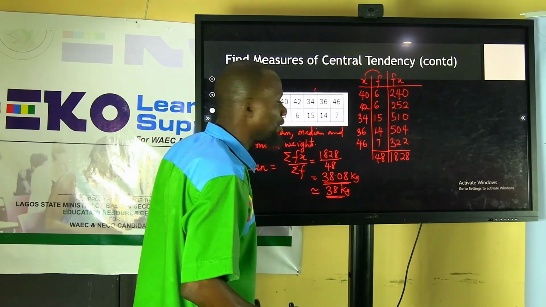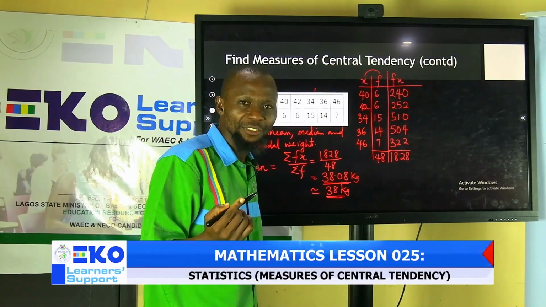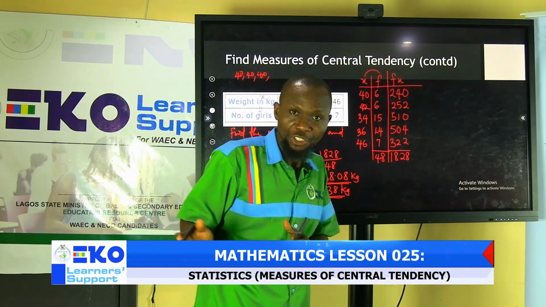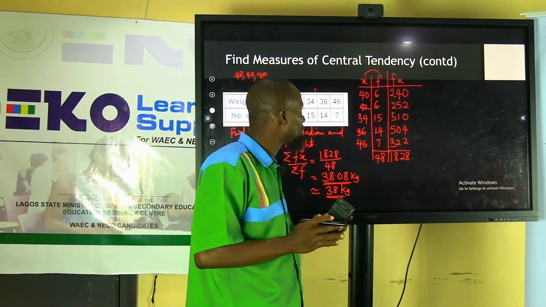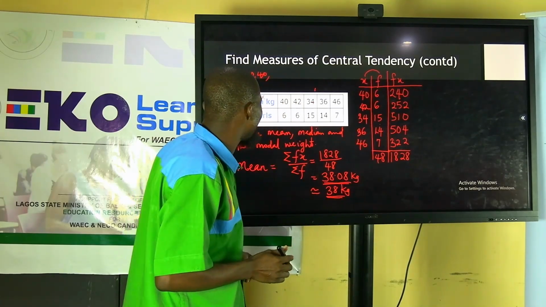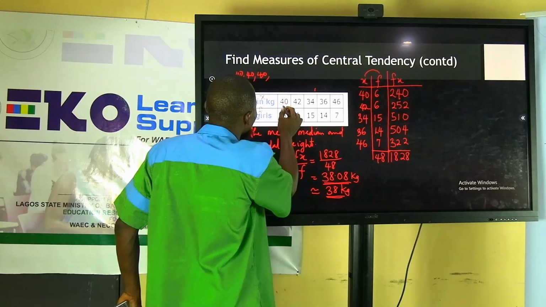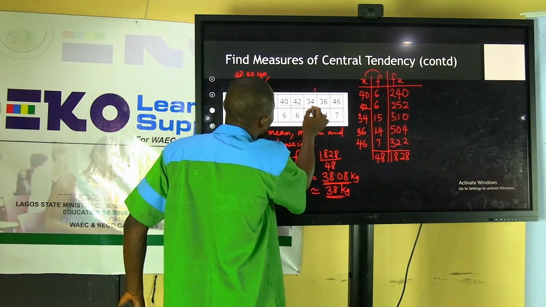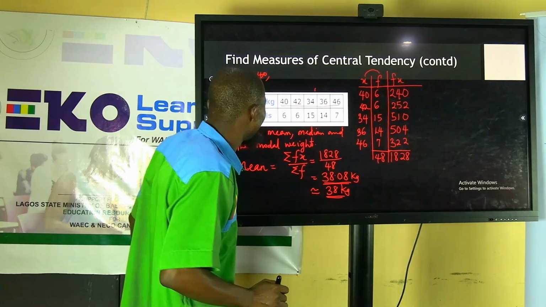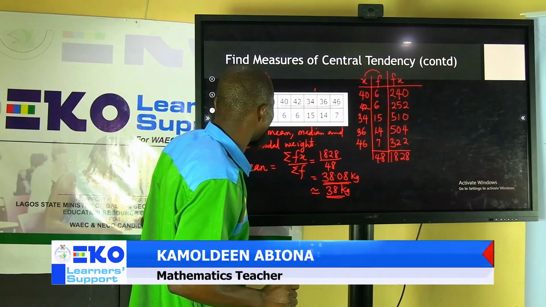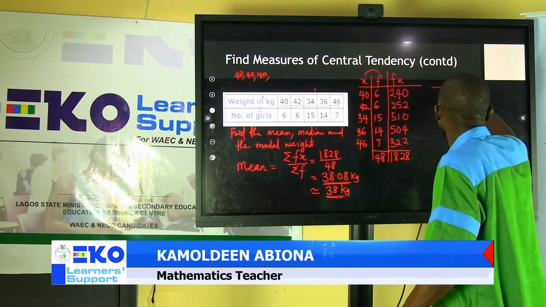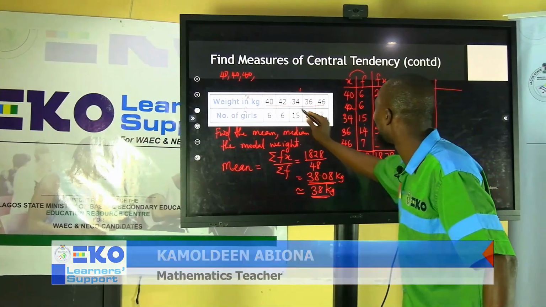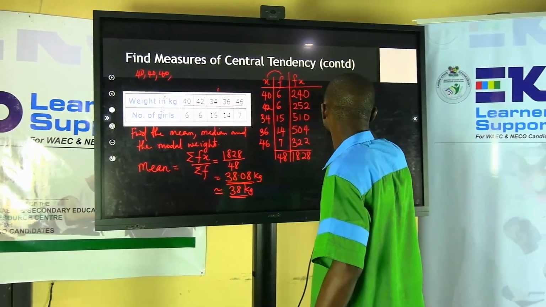The median. Remember the definition of median. You first arrange, make sure you arrange orderly, then you look at it. Now, looking at it, you realize that the data I have here are not well arranged, so you need to rearrange them. Which one is the lowest? 34.